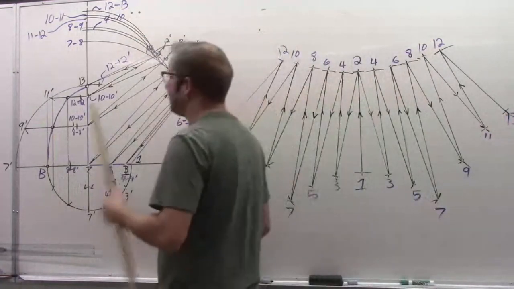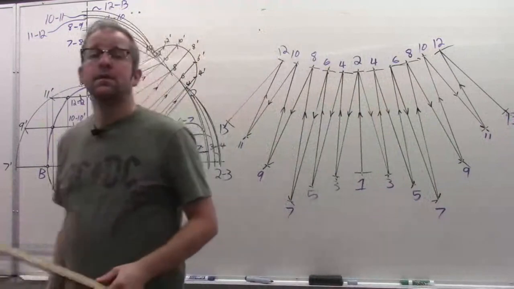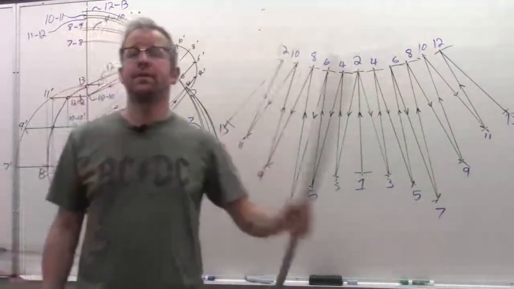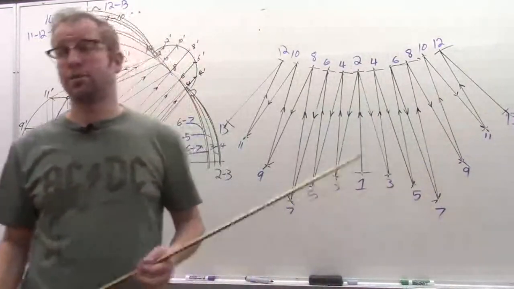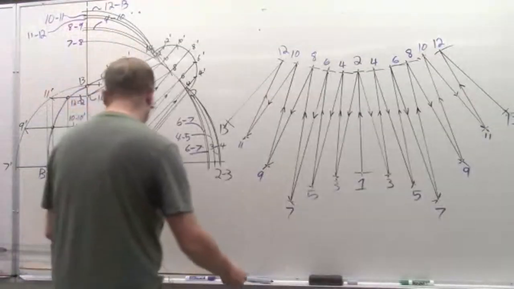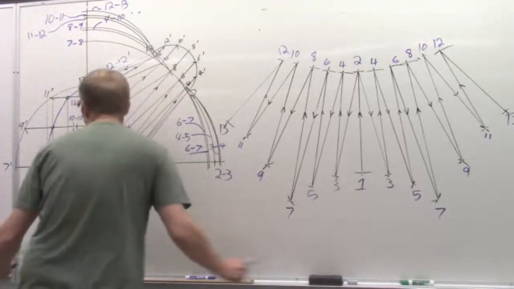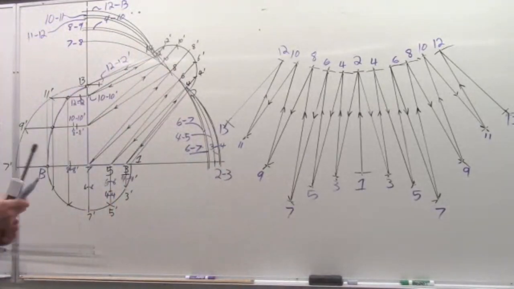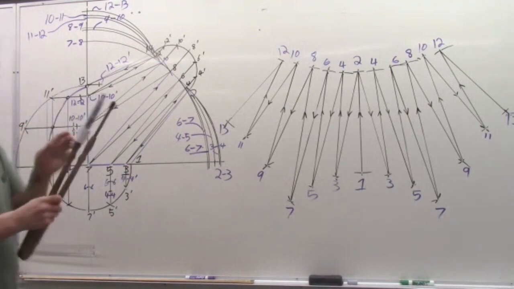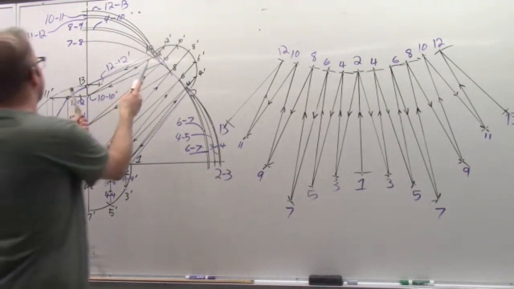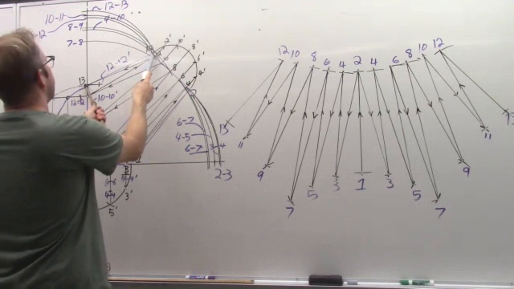And lastly, we've got to go from 13 to 14. Like point 1 to 2, 13 to 14 is a true length. We do not need to triangulate that. 14 to 14.